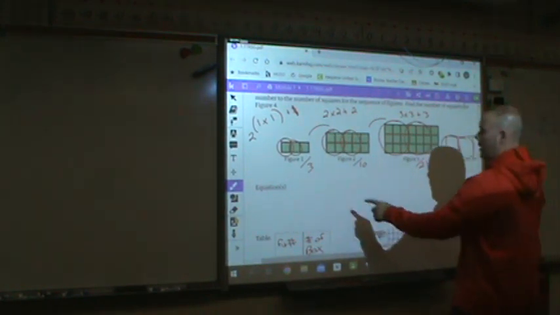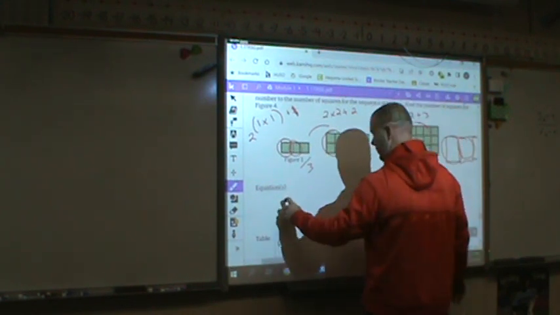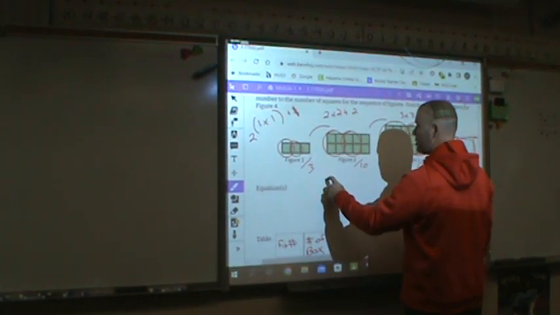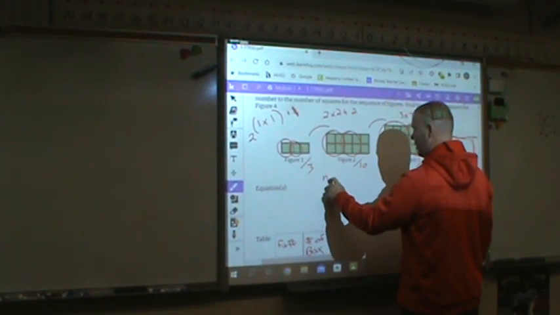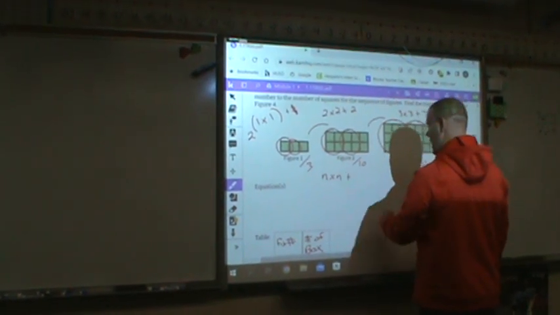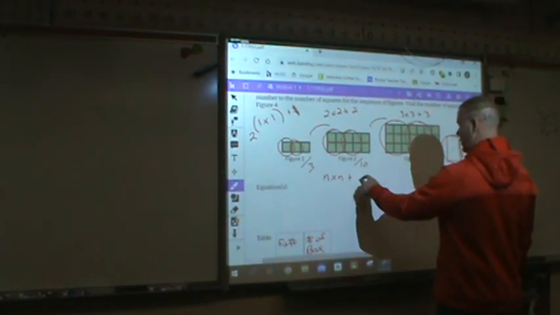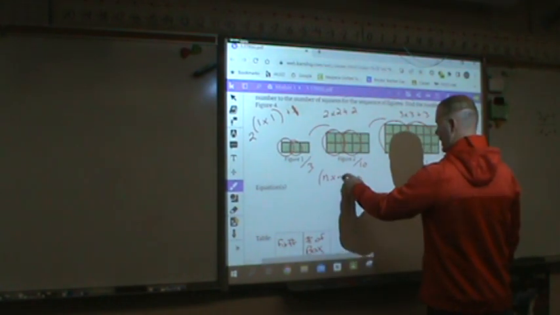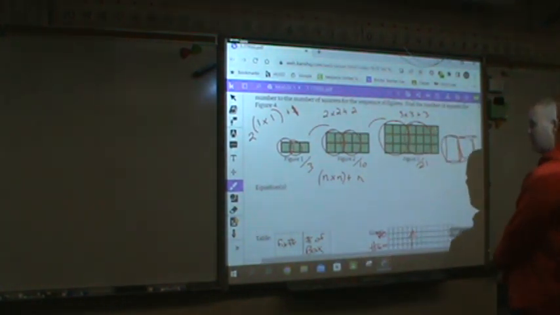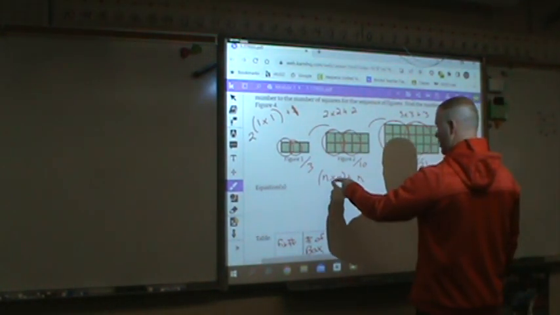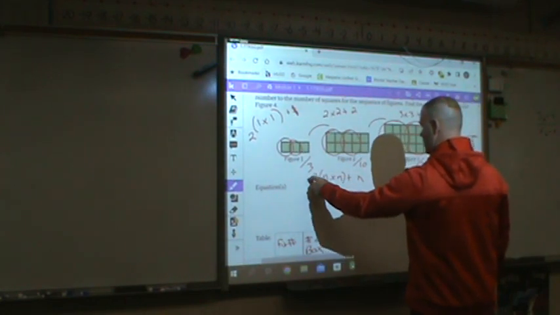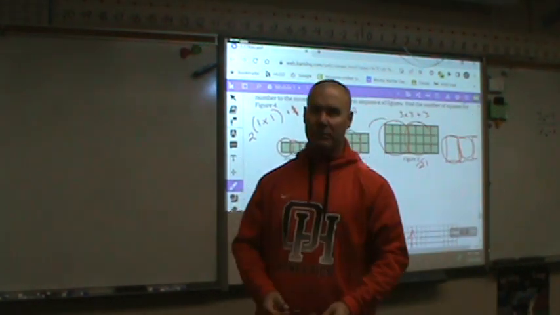What's happening here? If I want to make an equation, I'm going to take the area of any given figure, n by n, and I'm going to add that figure. I've got to multiply n by n first, okay? And I'm going to double that. I should be able to double that.